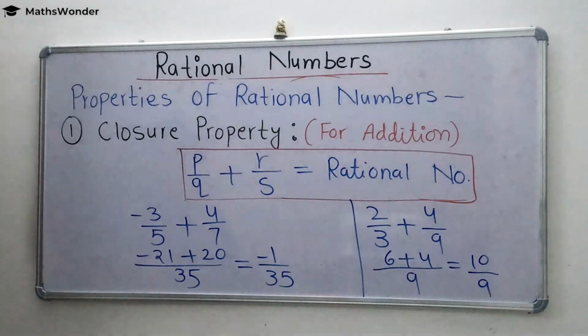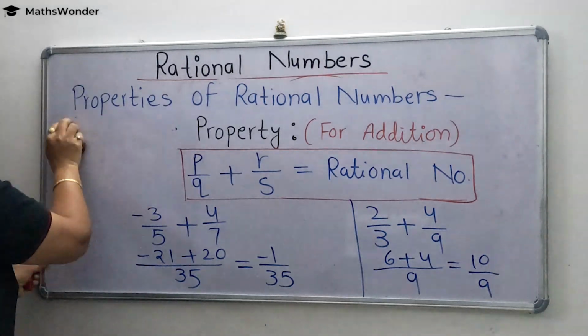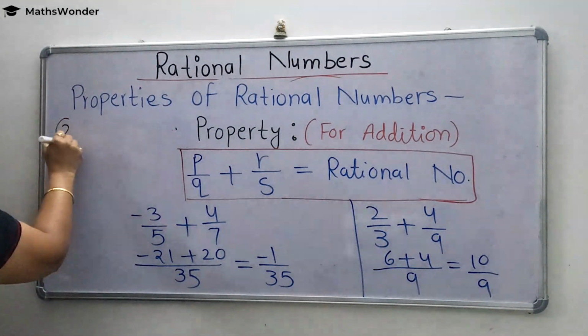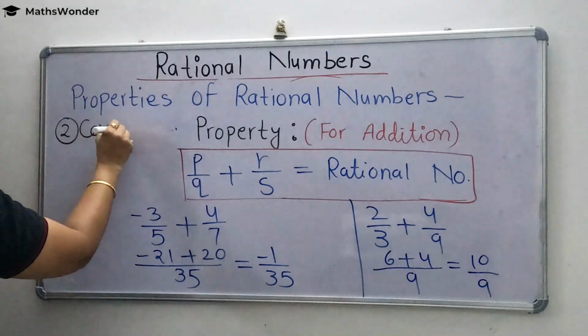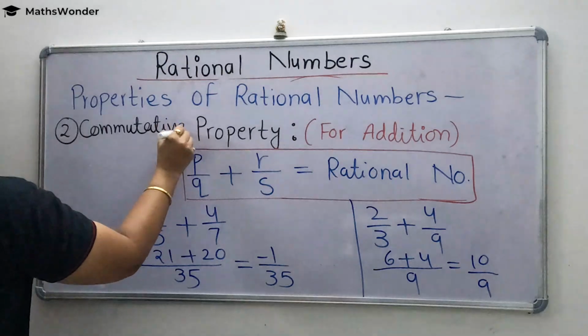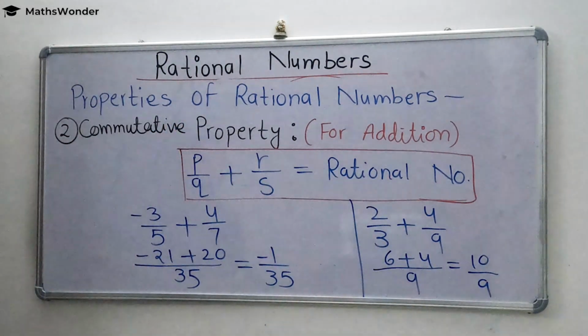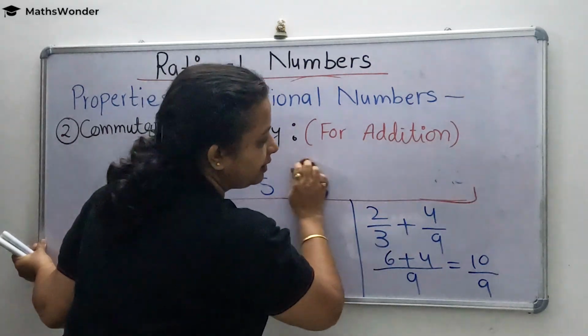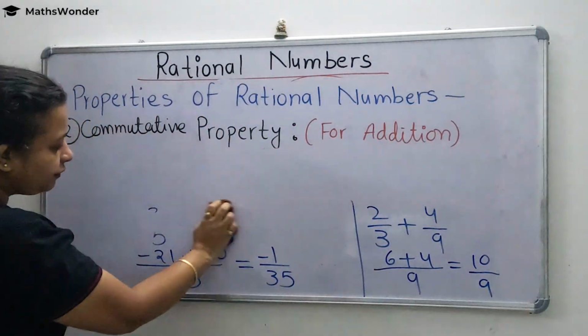Now, closure property is like a normal property. Now, the second property is commutative. What is the commutative property? Any idea? What is the meaning of commutative?